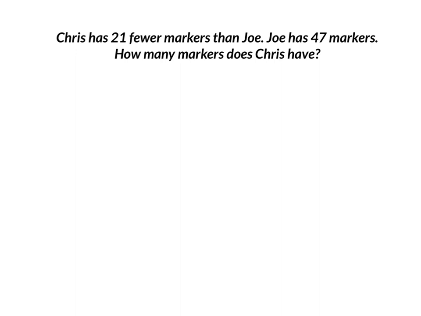So Chris's number is smaller than Joe's number because of the word fewer. Joe has 47 markers. So I'm going to put a J for Joe, he has 47. Chris's markers will be 21 fewer, or less, but you can use whatever symbol you want, than Joe's.